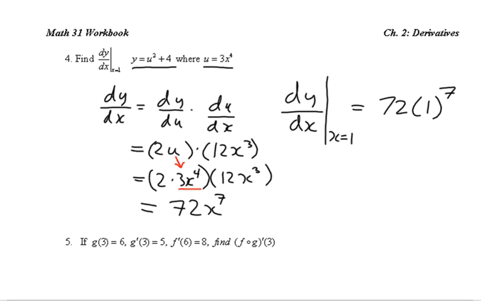All you have to do is put a 1 wherever you see x. So instead of 72x to the 7, 72 times 1 to the 7, and of course, 72.